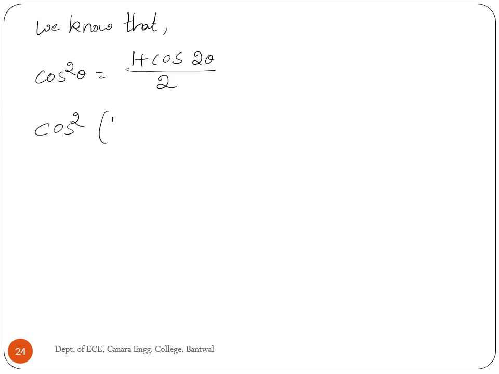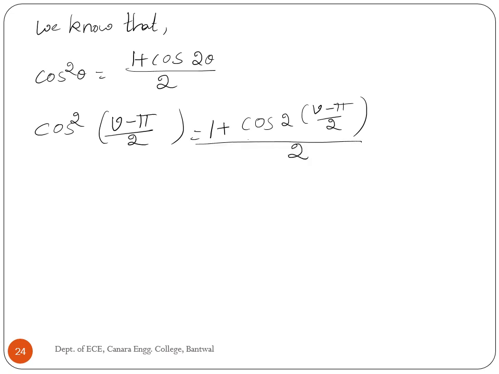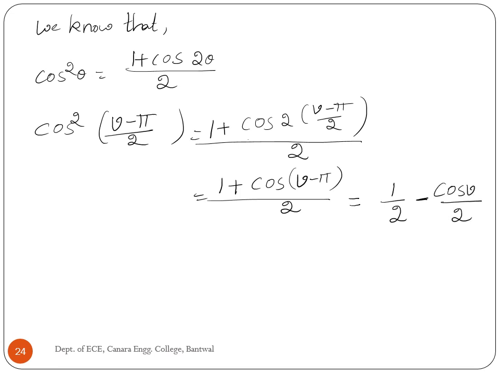Cos square of (v minus pi by 2) is equal to (1 plus cos 2 into (v minus pi by 2)) divided by 2, which is equal to (1 plus cos (v minus pi)) divided by 2, which is equal to half (1 minus cos v) by 2.